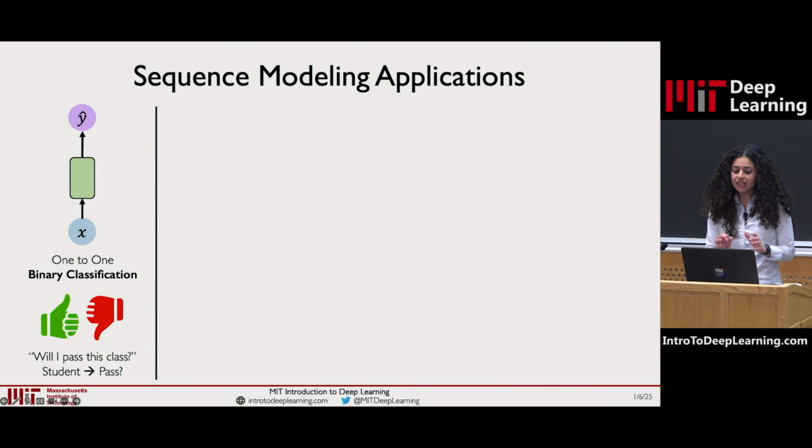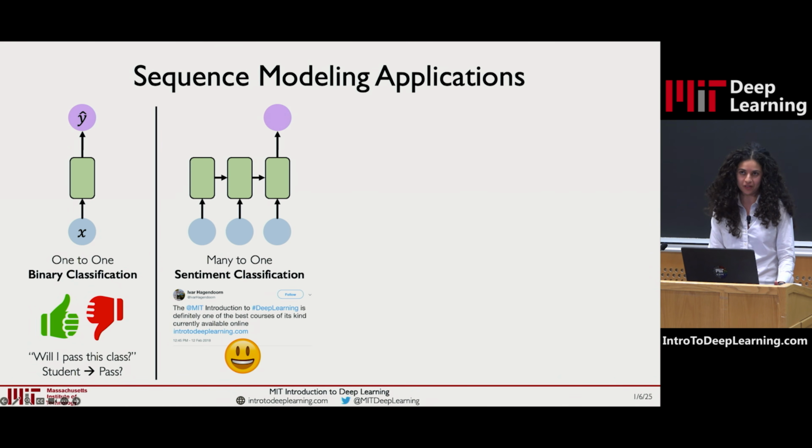Now, instead of going from a single input to a single output, like a class label, with sequence modeling we want to process a sequence of inputs, such as the words in an individual sentence, and produce an output at the end, which may be similarly a classification label, like does a sentence have a positive or negative sentiment or feeling associated with it.